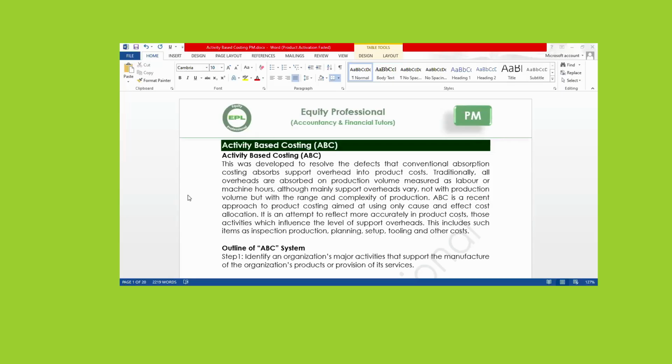We now have indirect cost. Second category, the indirect cost. These are costs incurred, but cannot be traced to a particular product or service.